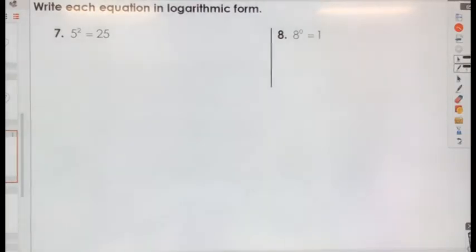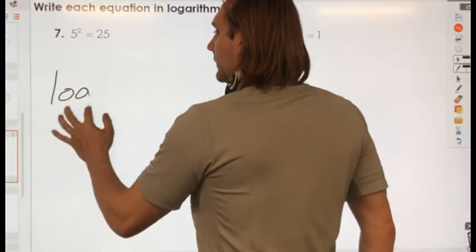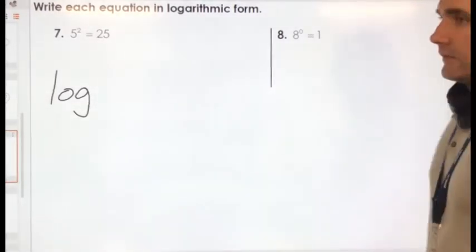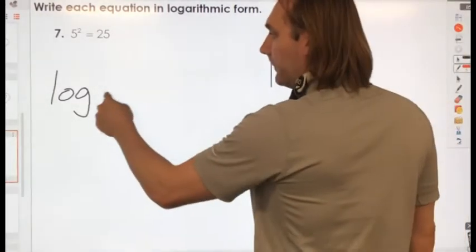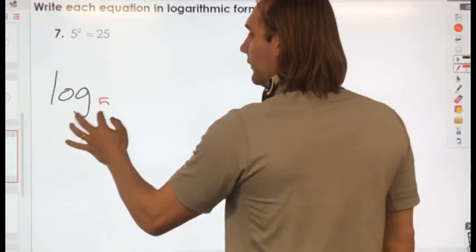Now let's go the opposite direction. So I have an exponent and I want to change it to a log. So I write log. Now what's going to be my base? It's real easy. The first number you want to put down is your base, which is the first number you run into in your exponent. It's 5.